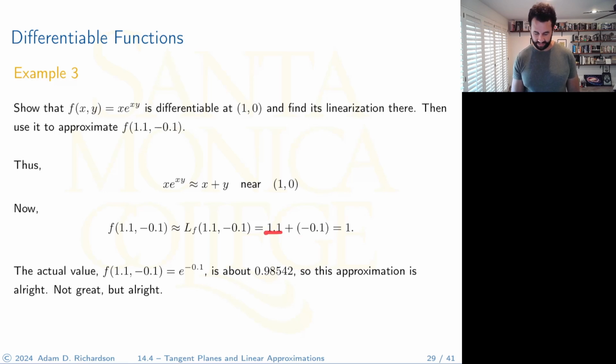So here's x plus y, added up, you get 1. Now, the actual value of the function is e to the negative 0.1, which is about 0.98542. So this approximation is pretty good. 0.98542 is about 1, not too far off. It's not great, but it's all right.